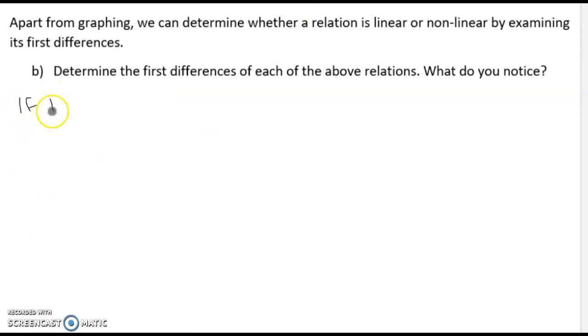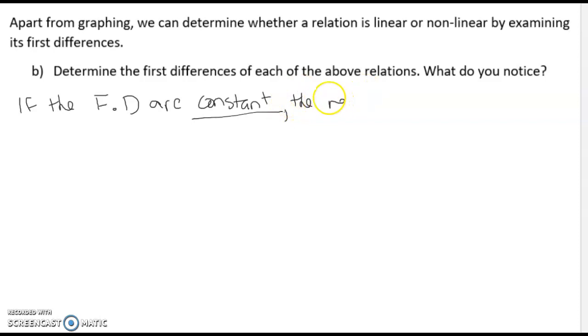So I'm going to put FD for first differences. If the first differences are constant, the relation is linear. Okay, so that means straight line.